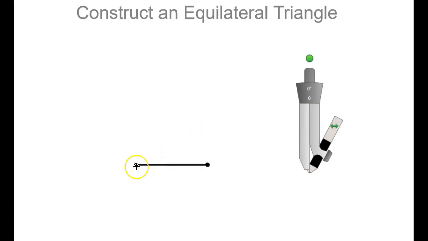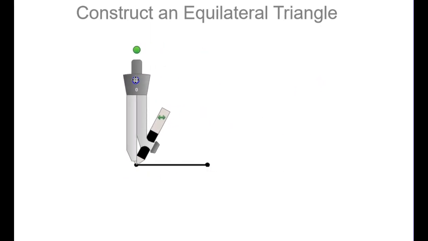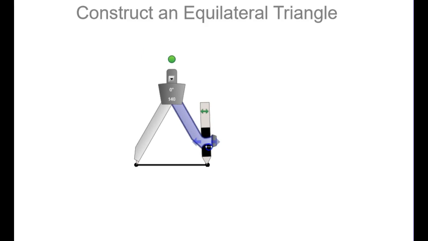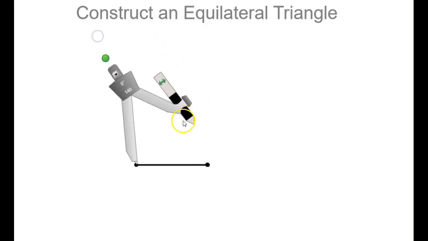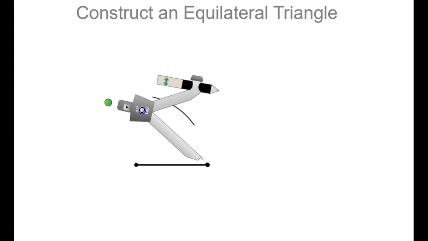Suppose I have one of the sides of our triangle right here. We're going to use a compass, align our compass on one end of our segment, extend our compass out so we get that distance, and now we can rotate it and construct an arc going that way.